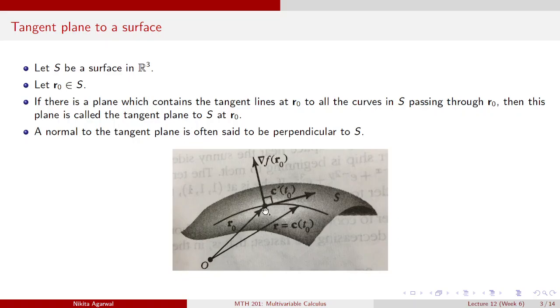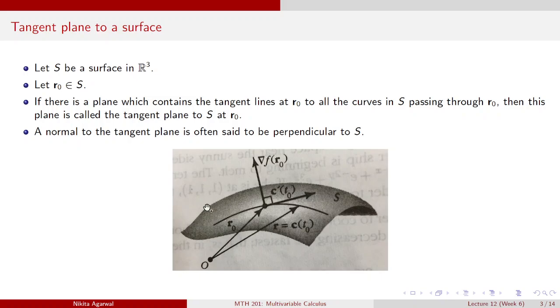So this is the point R0 through which this curve C(t) passes. Now, what do we know about the tangent line to this curve? So this is the tangent vector which is C prime t naught, if C of t naught is R naught.